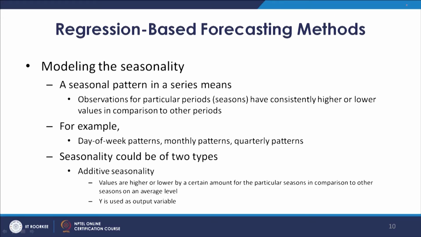For certain periods, every time that period or season comes again, the values are consistently higher or lower than the average level. So, if observations for particular periods have consistently higher or lower values in comparison to other periods, then we can say that probably some sort of seasonality is present in the series.